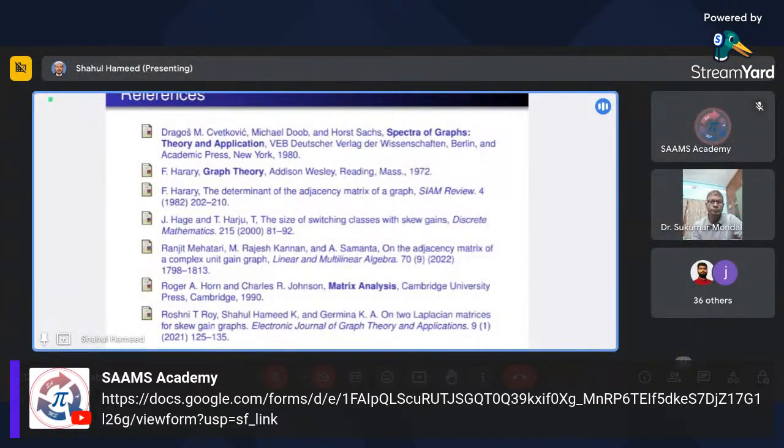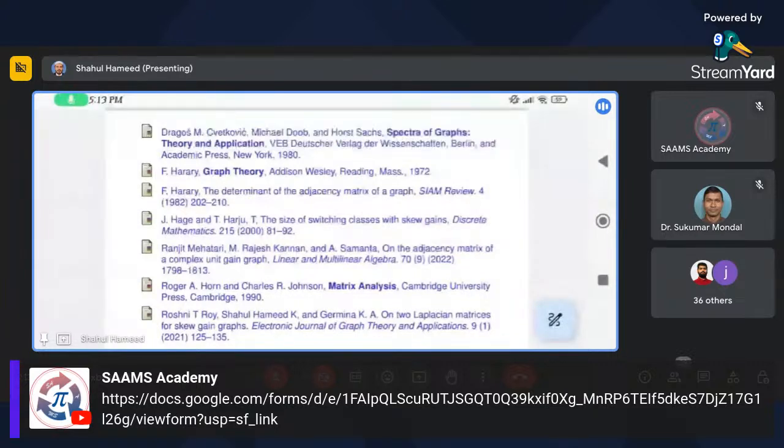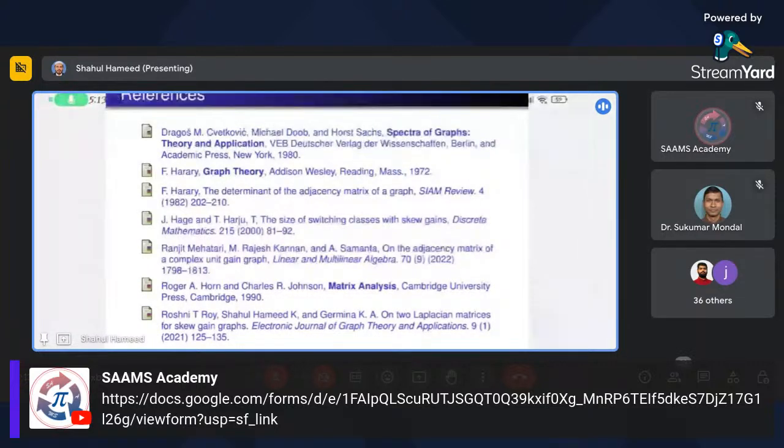Dragicevic and Sachs. That's why it's called the Sachs formula, which I have mentioned there. This is a basic book we have to read. Then Harary's paper, The Determinant of the Adjacency Matrix of a Graph, must be read. The third one is by J. Hage and T. Harju, The Size of Switching Classes with Skew Gains. These are the two people who worked on skew gain graphs, but their motivation came from the field of computer science.